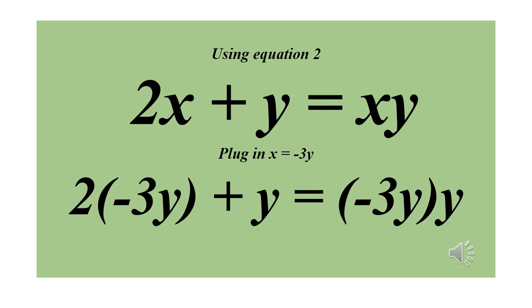So from equation 2, 2x plus y equals xy. If we plug in the value of x now, which is minus 3y, we are going to have 2 times minus 3y plus y equals minus 3y times y.